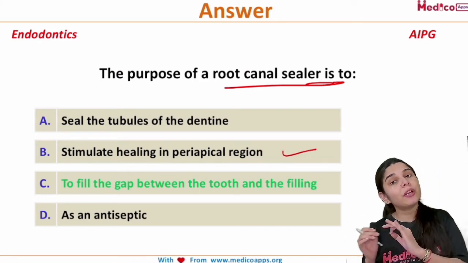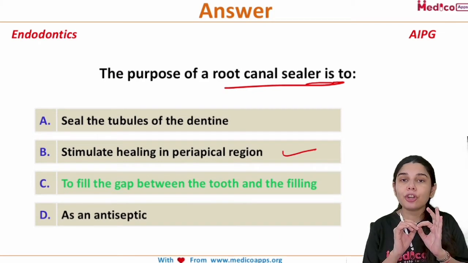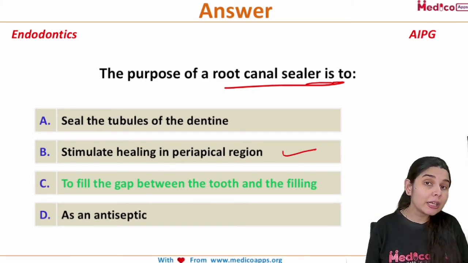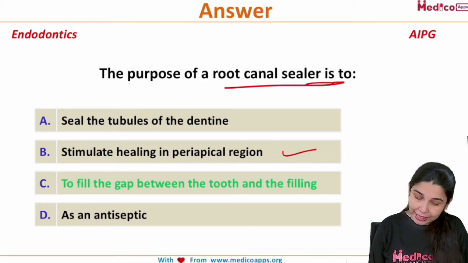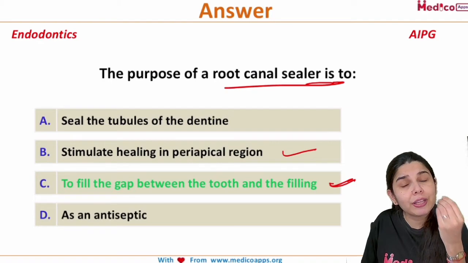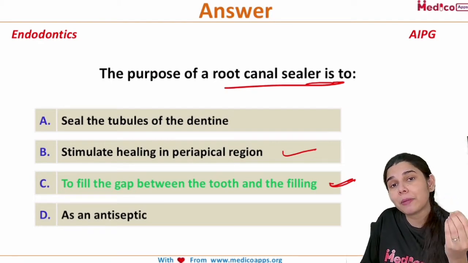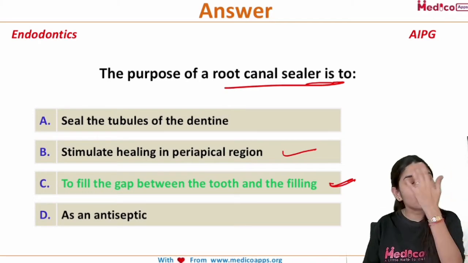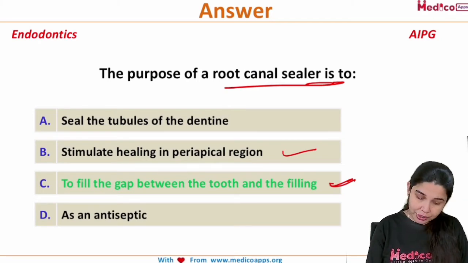No, it should be non-irritant, so that it should not irritate the periradicular or periapical region. But the third option here is to fill the gap between the tooth and the filling material. That means the gap between the dentin walls and the obturating material which we have filled in the root canal. So this is the answer. Option C is the answer.